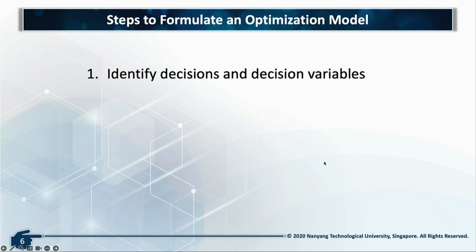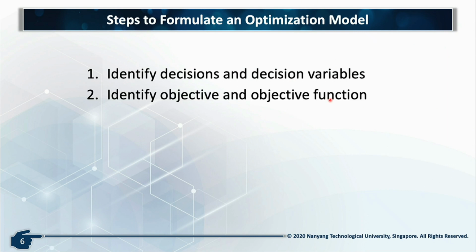That is defined as the decision variable. Based on these decision variables, we can formulate our objective, because this is optimization. You must have some objective to optimize, right? Then you write down your objective function in terms of those decision variables you have introduced.